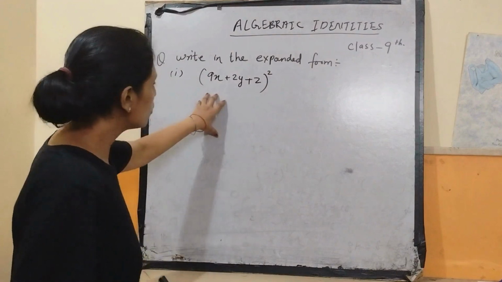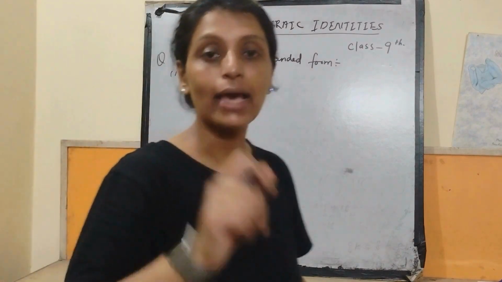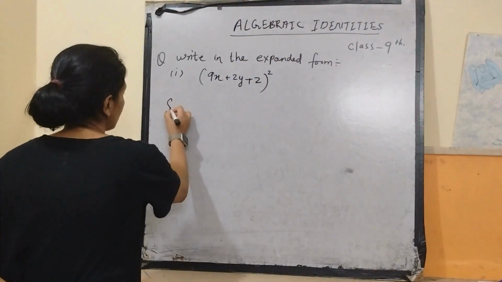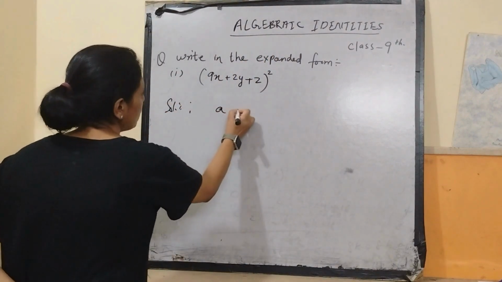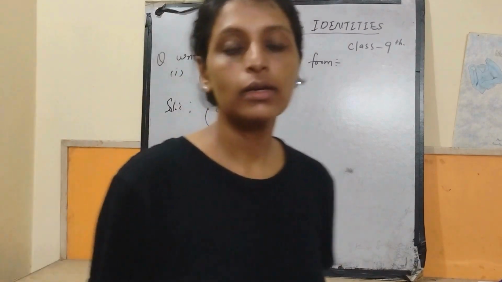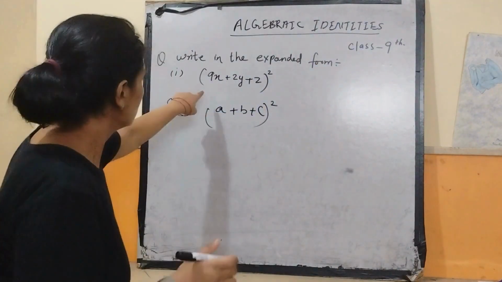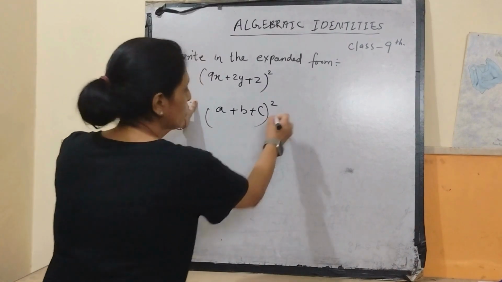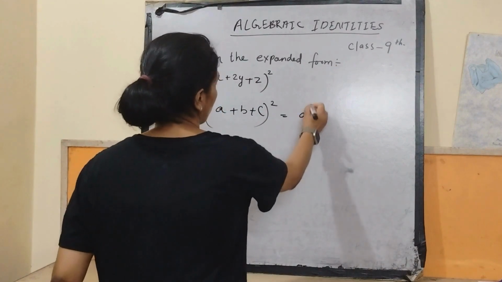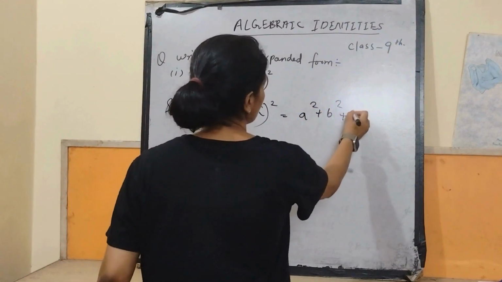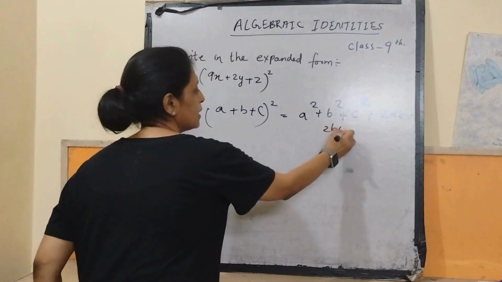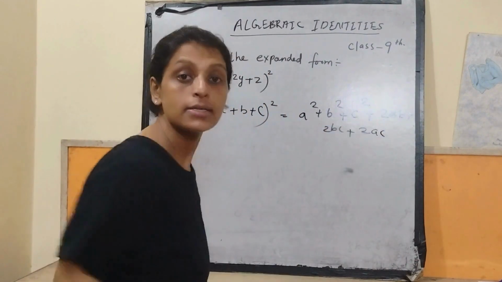In this we can apply the algebraic identity (a + b + c) whole square. The expansion of this algebraic identity is a square plus b square plus c square plus 2ab plus 2bc plus 2ac.